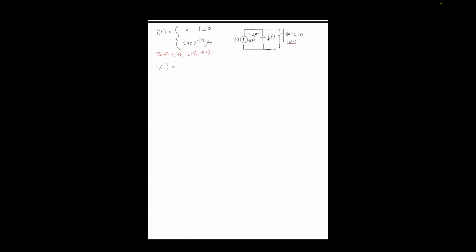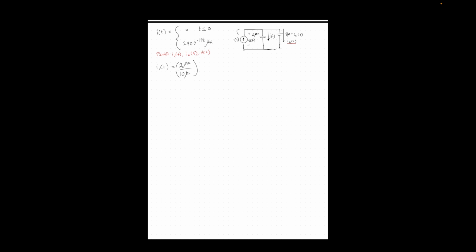I1 of t is going to be equal to my 2 microfarad capacitor divided by my 10 microfarad capacitor multiplied by the incoming current. Now the incoming current is going to be 240 times e to the minus 10t microamp.